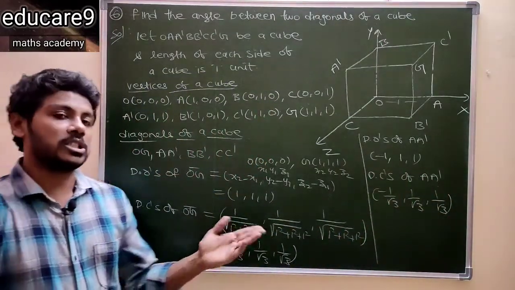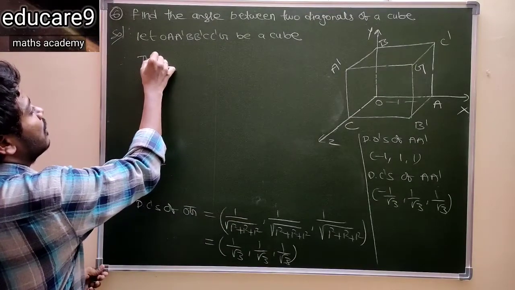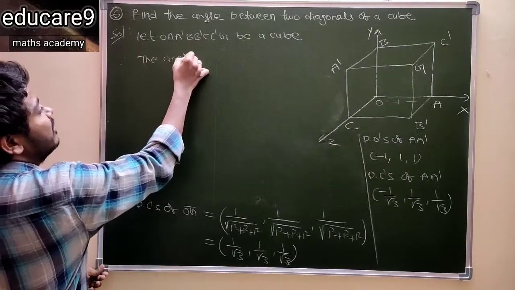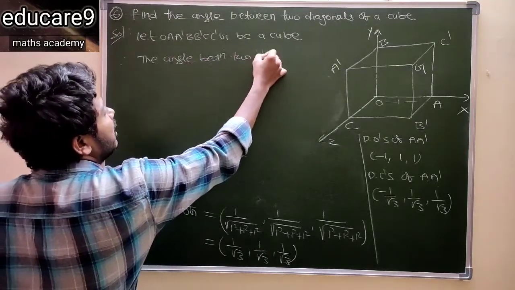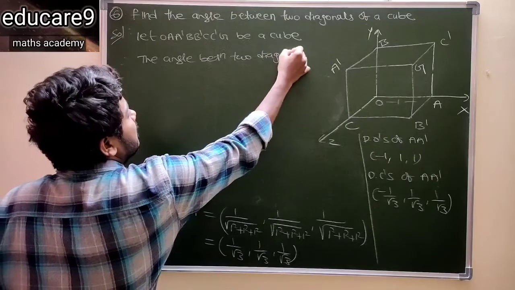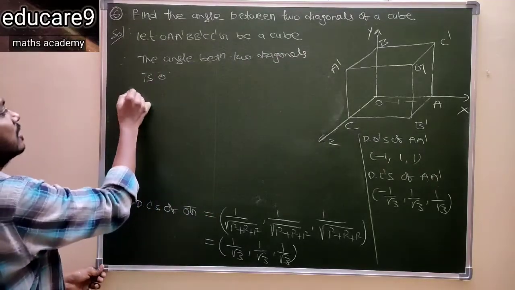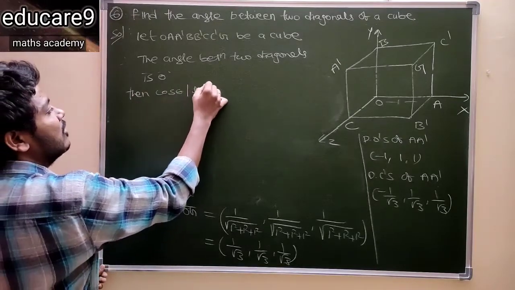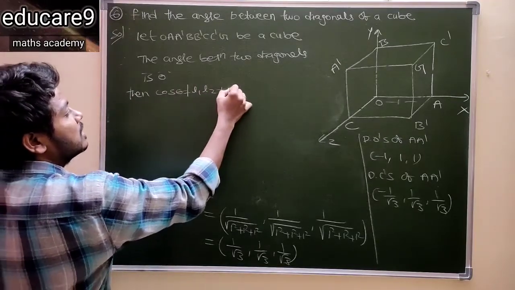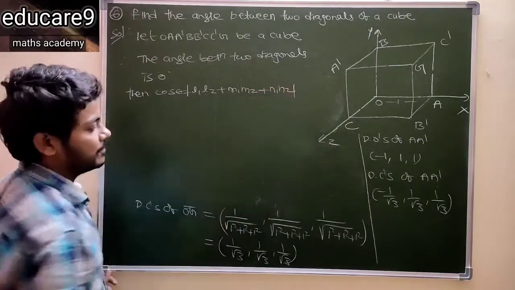Now find the cos theta. For the angle between two diagonals is theta. So then cos theta is equal to what? L1 L2 plus M1 M2 plus N1 N2.